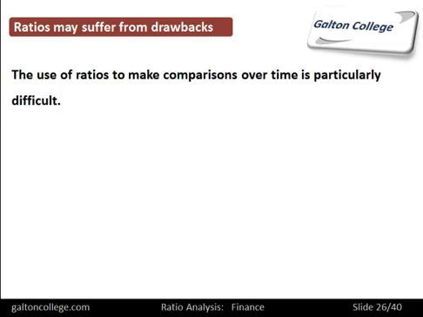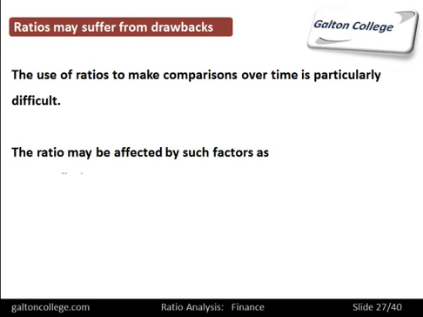Comparisons over time are always difficult, and this is also true for ratios. So ratios may be affected by, for example, inflation or changes in taxation. Well, with inflation, prices are changing over time.